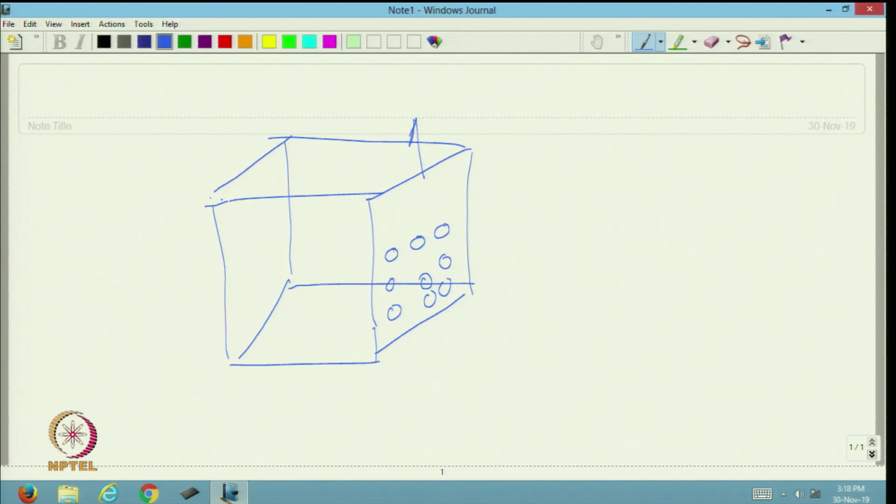When we are applying load, maybe tensile or compressive, in this case two things may happen.